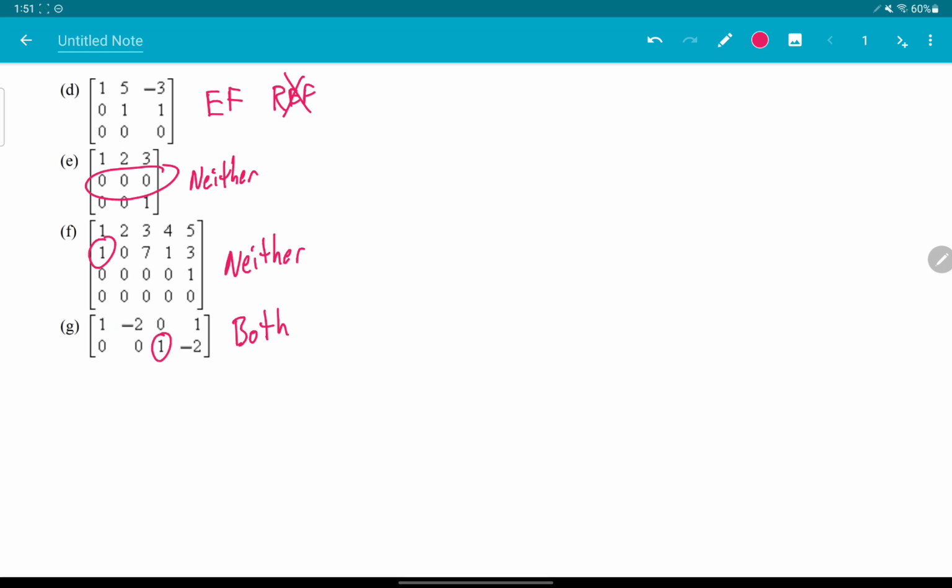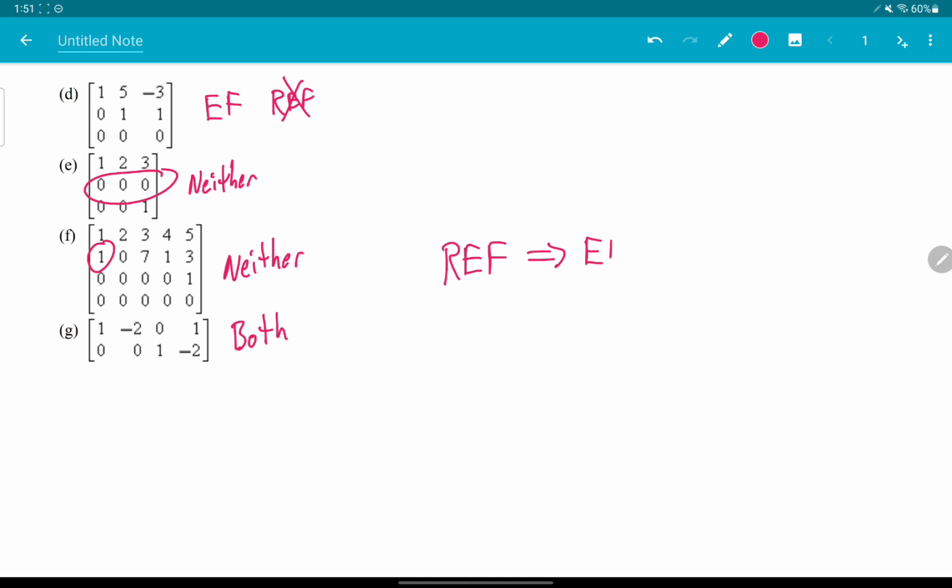And this guy is alone in its column, and it's a 1. So this is both. And if you think about it, if something is in reduced echelon form, then that will necessarily imply that it's in echelon form. Okay, you can't have something in reduced echelon form that's not in echelon form.